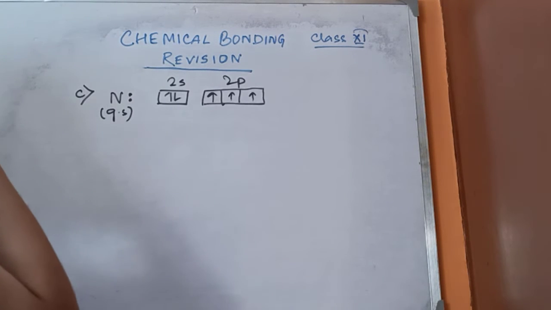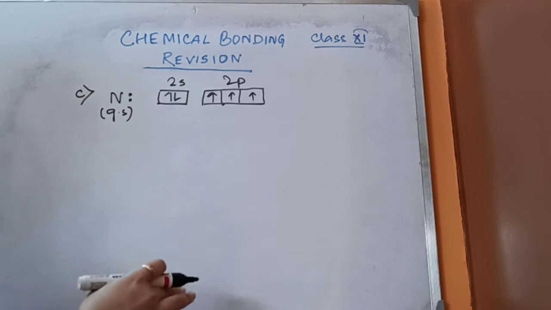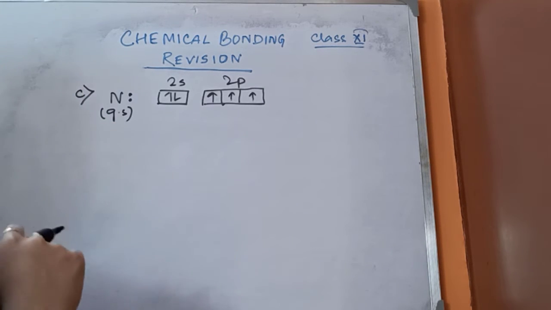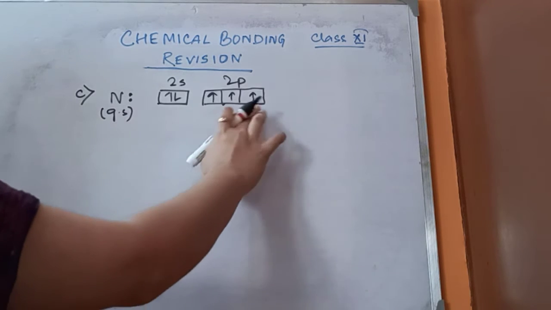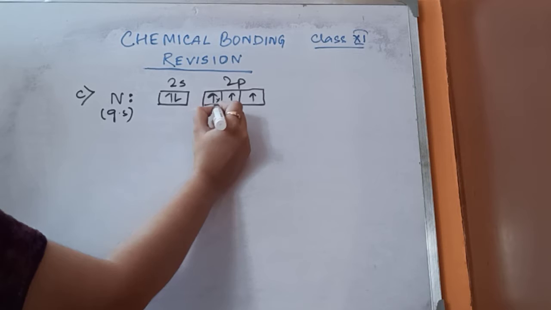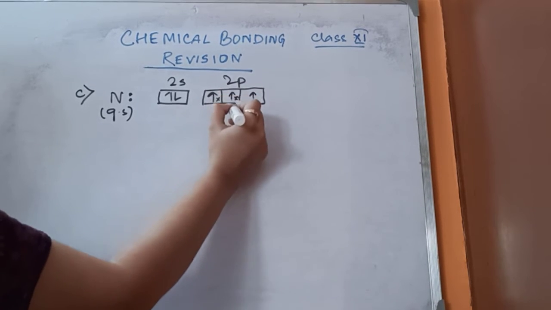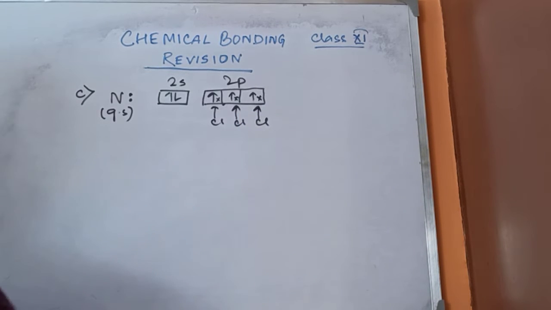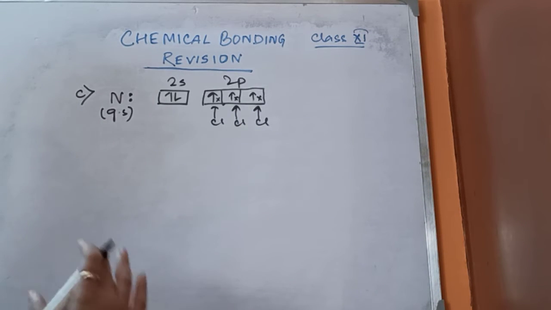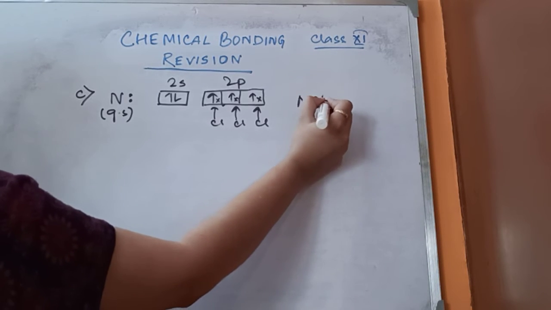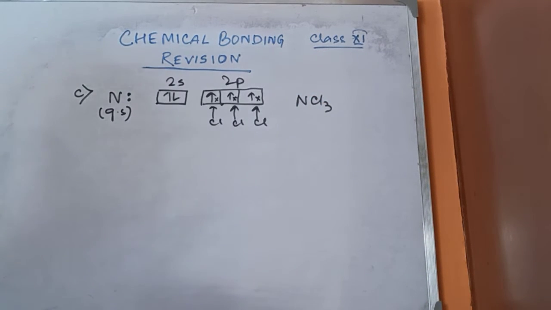So there is no question of the excited state. There are 3 unpaired electrons and nitrogen will form 3 bonds with the 3 chlorine atoms itself. So it will only form NCl3, that is nitrogen trichloride.